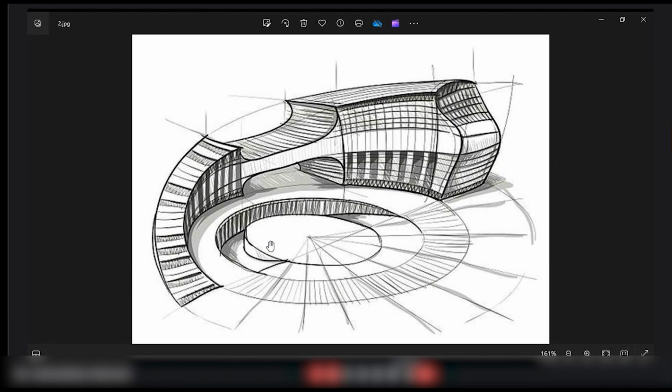What other shapes can you see in this sketch? The ellipse is there, correct. Where can you see the ellipse? The outer circle, correct.